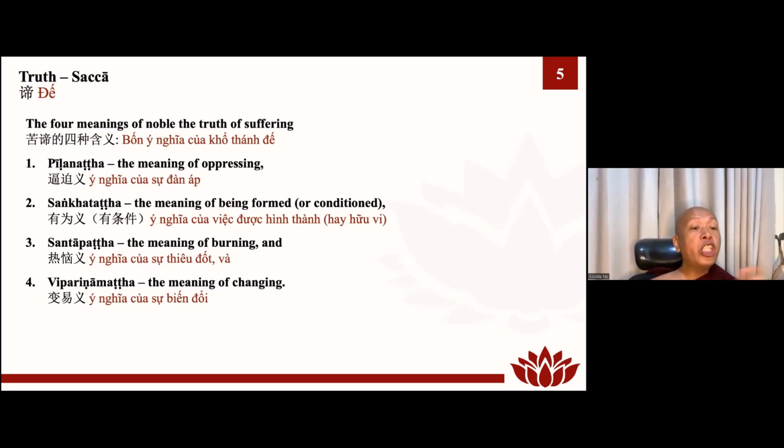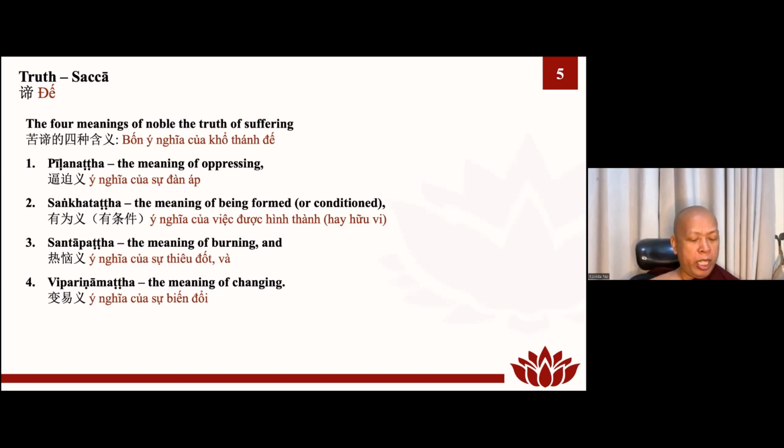It's unchangeable. Heat and cold cannot change it. Thirst and hunger cannot change it. Not only that, the object also cannot change, because Nibbana is an object. That's why it's called asankhata. Okay, the third one is santapattha, the meaning of burning.